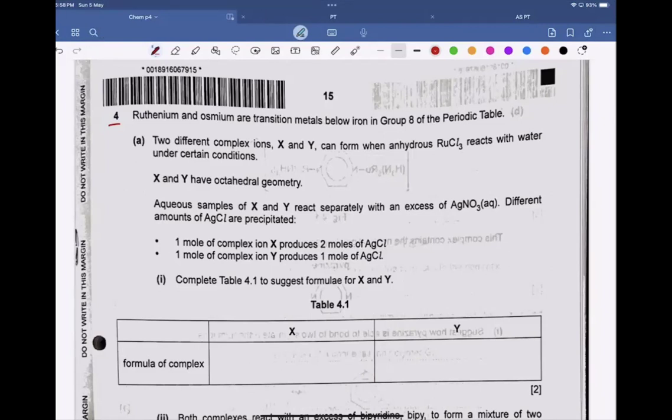Okay. So yeah, let's start with question number 4.